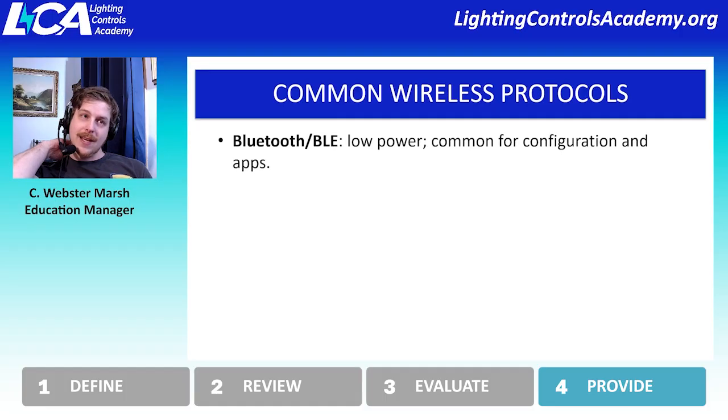The very first thing is Bluetooth, or in some cases Bluetooth Low Energy, and most networked lighting control systems nowadays do use what's referred to as Bluetooth Low Energy or Bluetooth Mesh, although again there are a variety of different Bluetooth versions out there, and they're not all compatible with each other. What we've seen with Bluetooth Low Energy is that it is a low power, low demand communication protocol, and so we oftentimes see it used for configuration and application control in a lighting controls application.